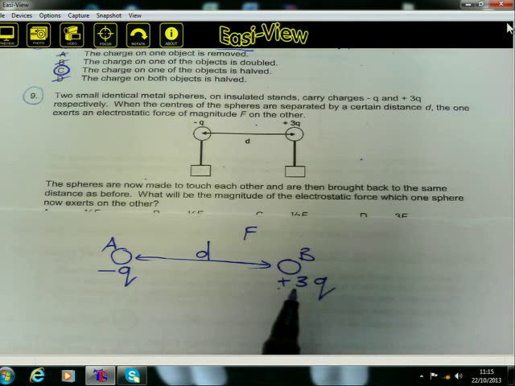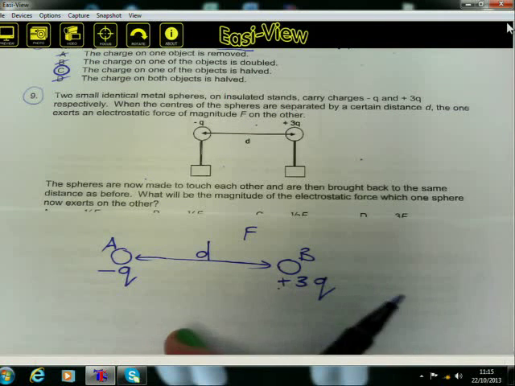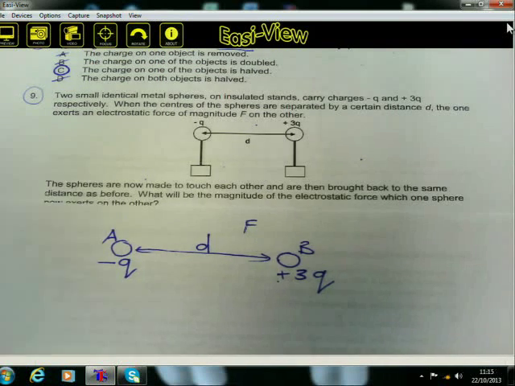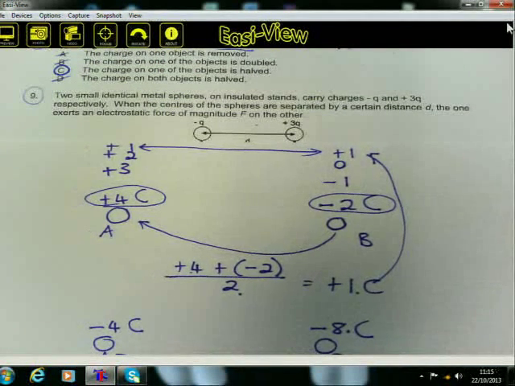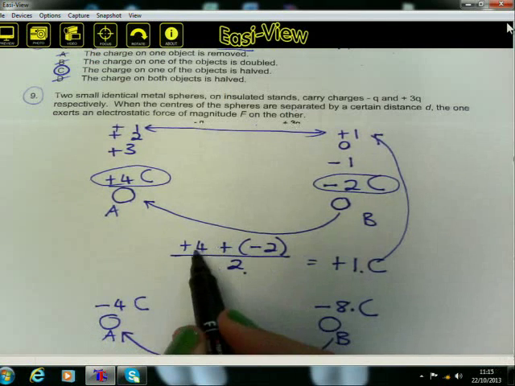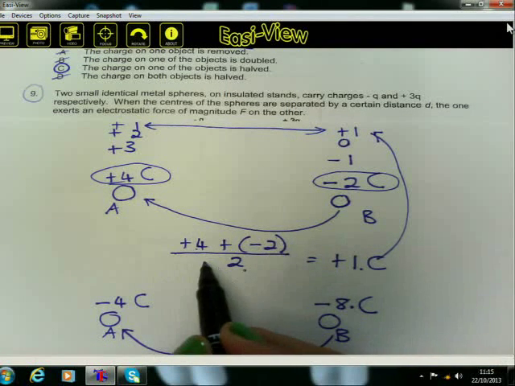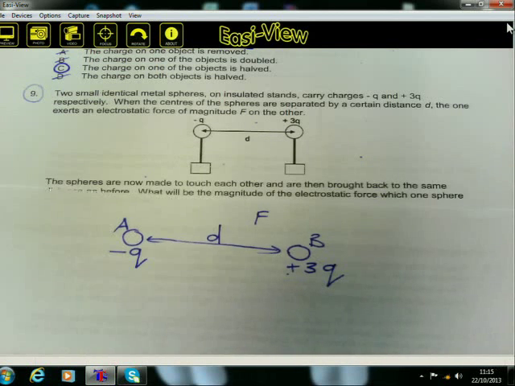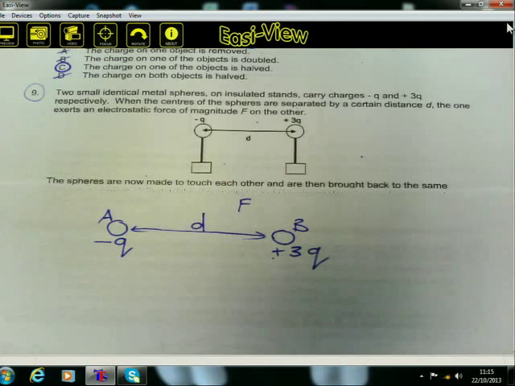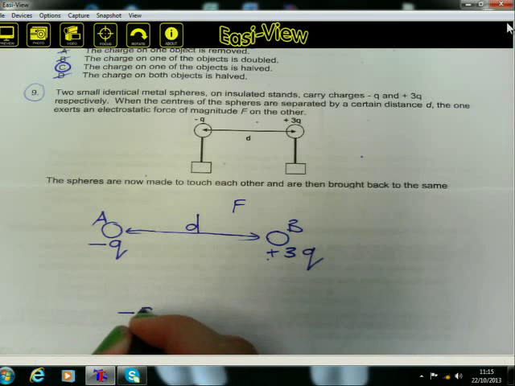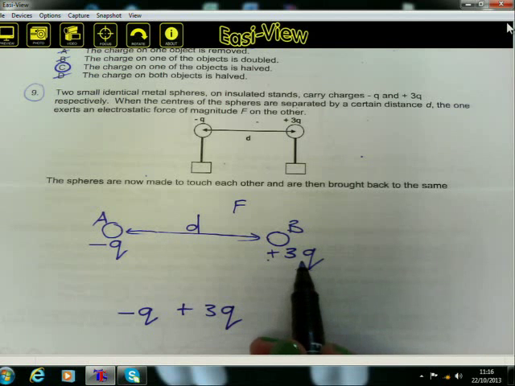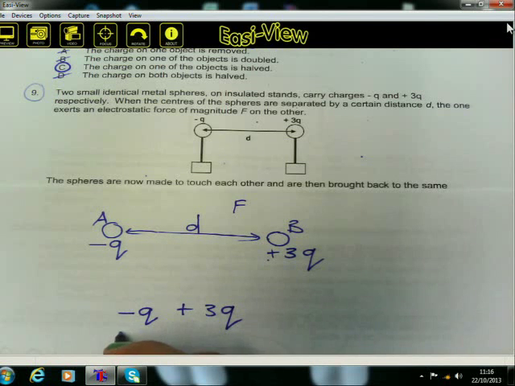So what will the new charge be if they touch each other? And what did we just say? How do we calculate the new charge when two objects touch each other? We add the two charges and we divide by 2. So let's do this with this example. We have minus q plus 3q. So we add the two charges together and we divide by 2.